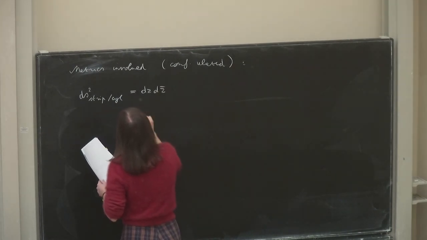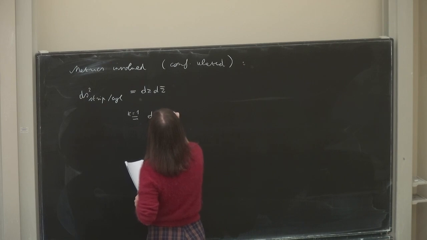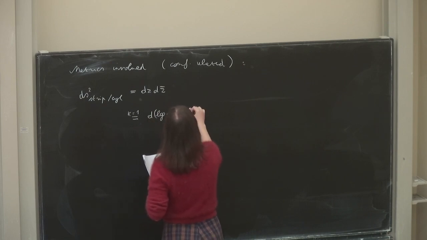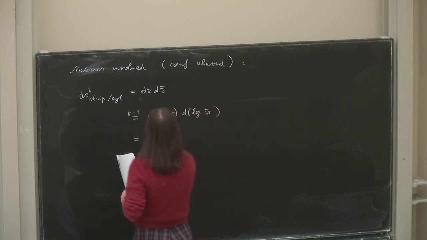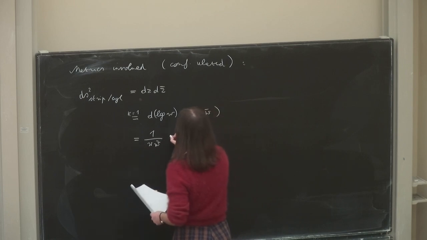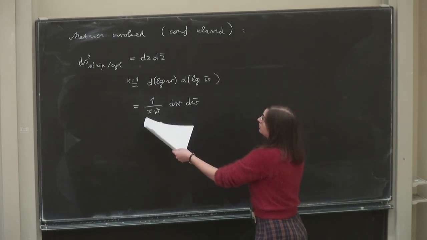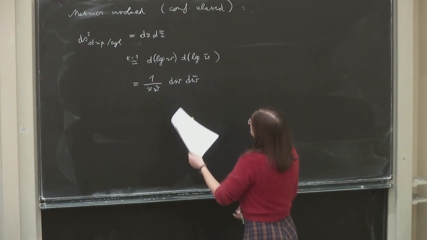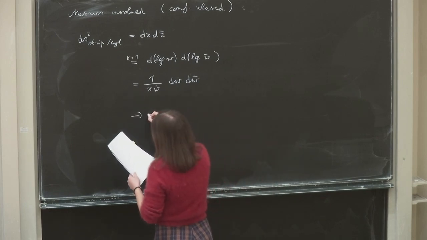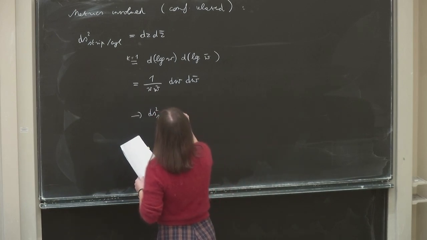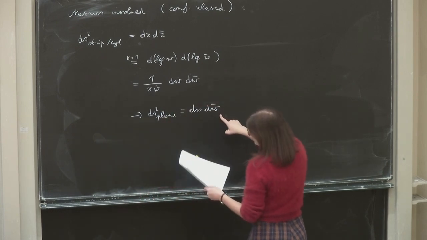It's easier most of the time to think of kappa as 1. So for kappa is 1, this is just d log w bar. This will bring out a w and a w bar in the denominator in front of a dw bar. So this is now indeed a conformal factor times our w geometry. So we can map that to the w metric in the second picture, which is dw bar.